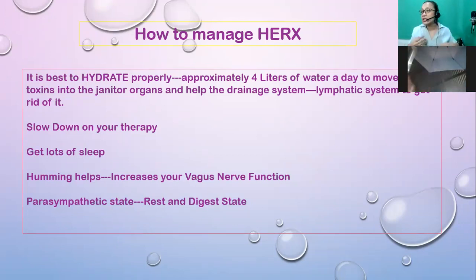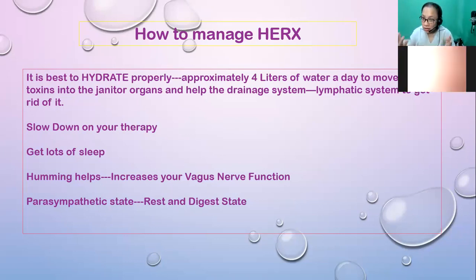And if you don't have any discomfort anymore, you go back to the recommended intake. So that's the time that your body is already getting rid of the different toxins. So that's another management. Slow down on your therapy.